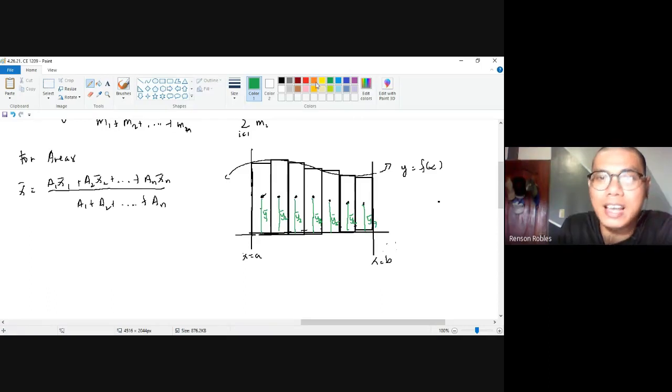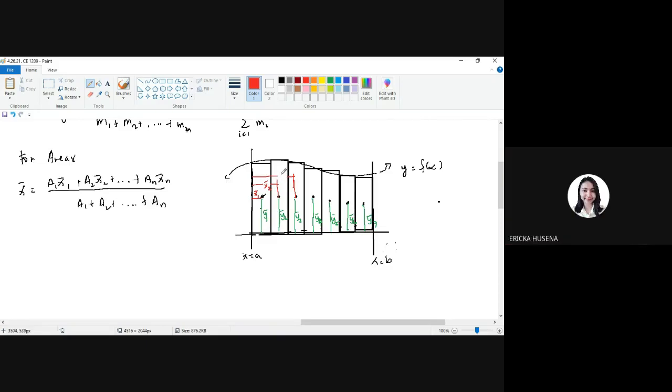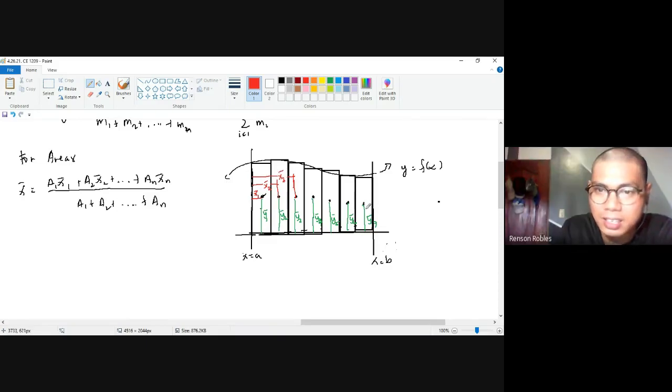Then we measure the bar x. From here, bar x1, bar x2, you know now what is happening? Bar x3, and then this one will be bar x7.